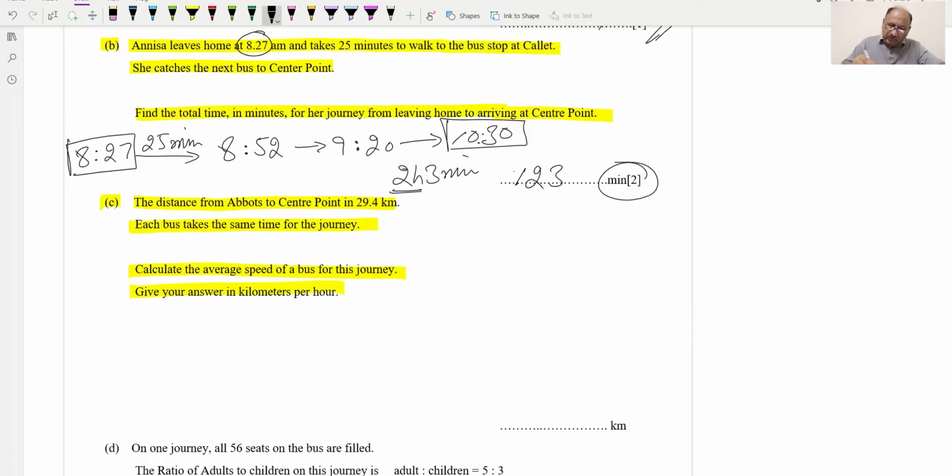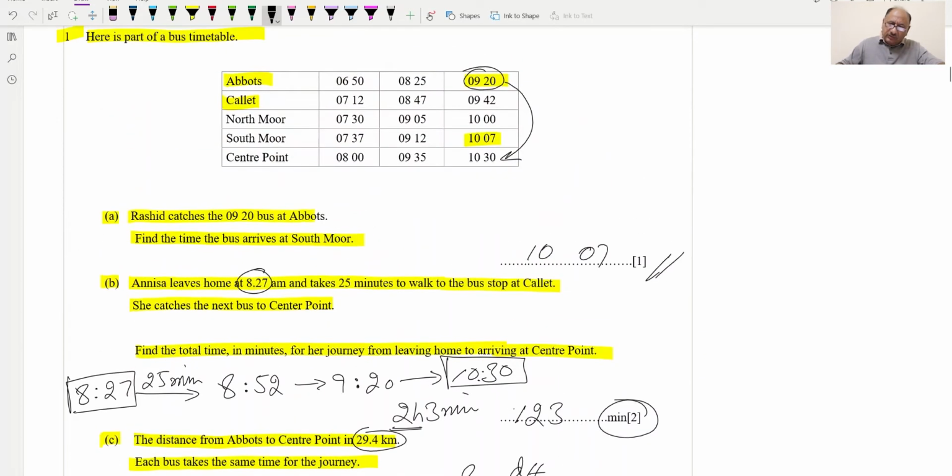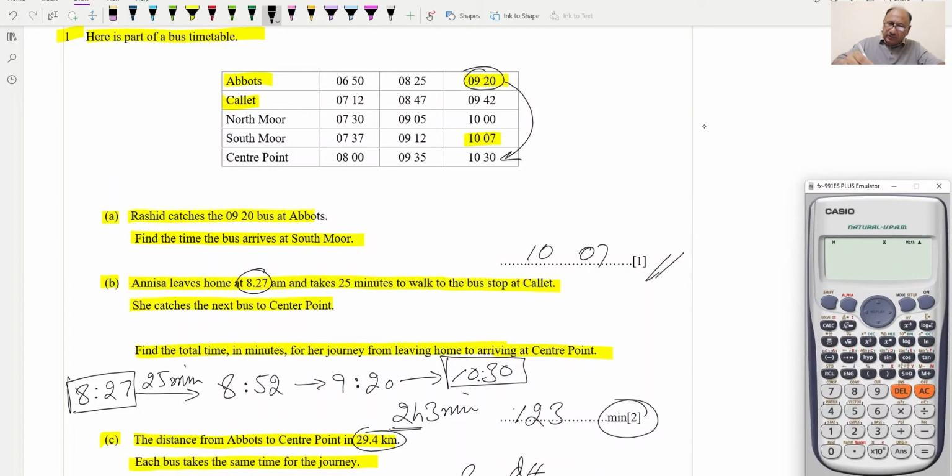So we know speed is equal to distance over time, and distance is provided, which is 29.4 kilometers. And for the time taken, we can check that all the buses take the same time. So we can check for any one.